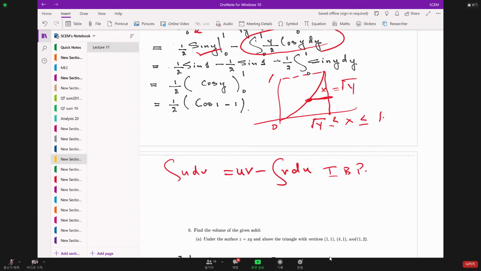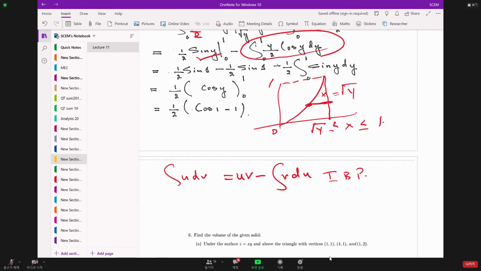Now we'll do this simple example, what we did now. We want to work out this. This is what we are after: minus integral from 0 to π/2 of y cos y dy. So I'm going to write this as minus half integral from 0 to 1 of y cos y.